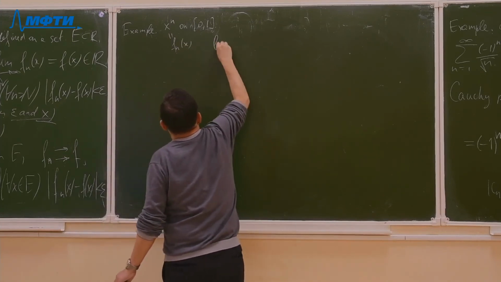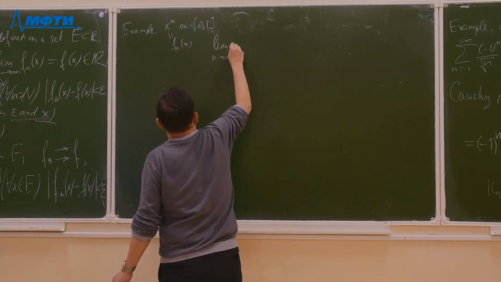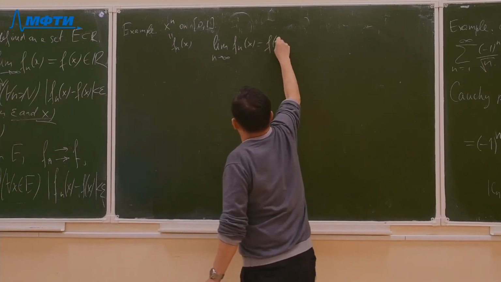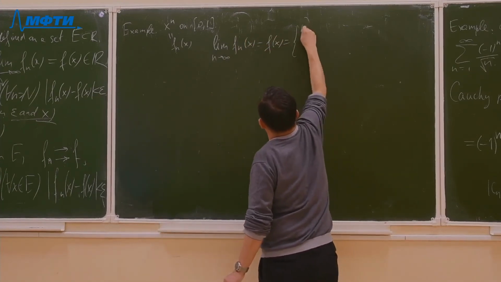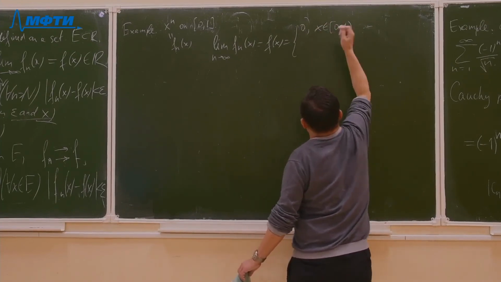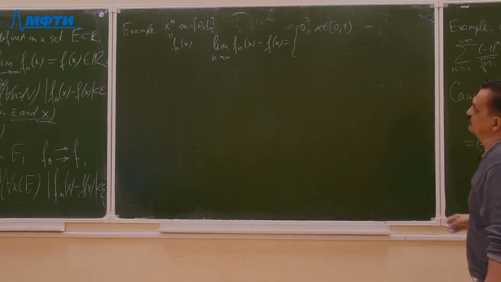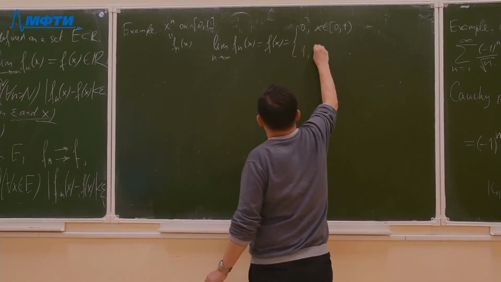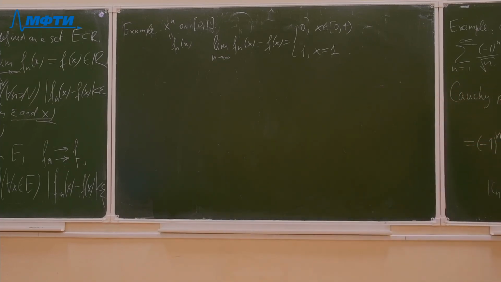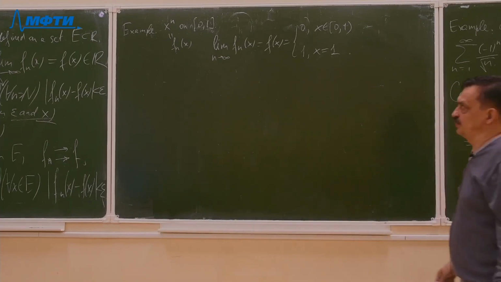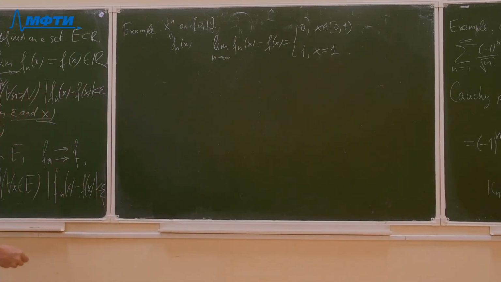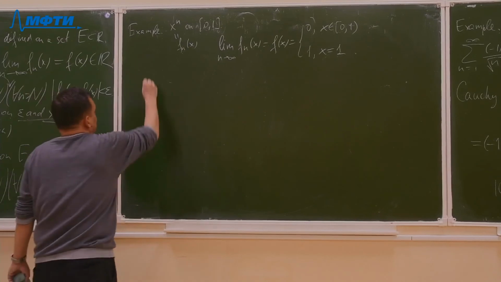So we know what the limit is. That is 0 for x from 0 up to 1, excluding 1, and 1 for x equal to 1. So we have pointwise convergence of our sequence to f of x.